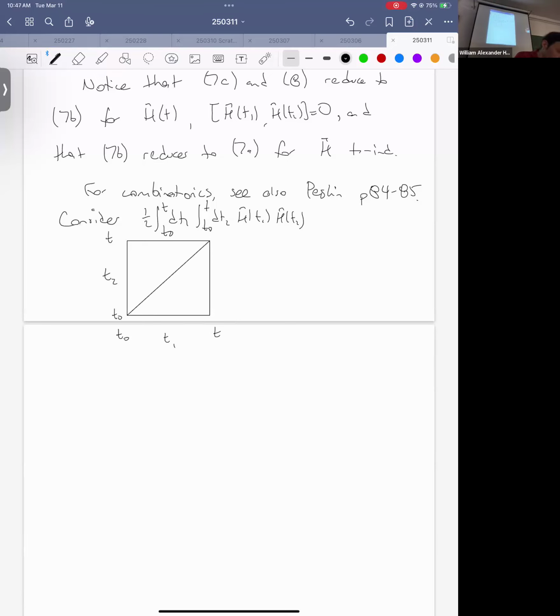Exactly. So if I simply restrict t2 to be between t0 and t1, so this now is integral t0 to t dt1, integral t0 to t1 dt2. And you can draw a similar picture in 3D. 4D is a little hard. Yeah, very good. All right.